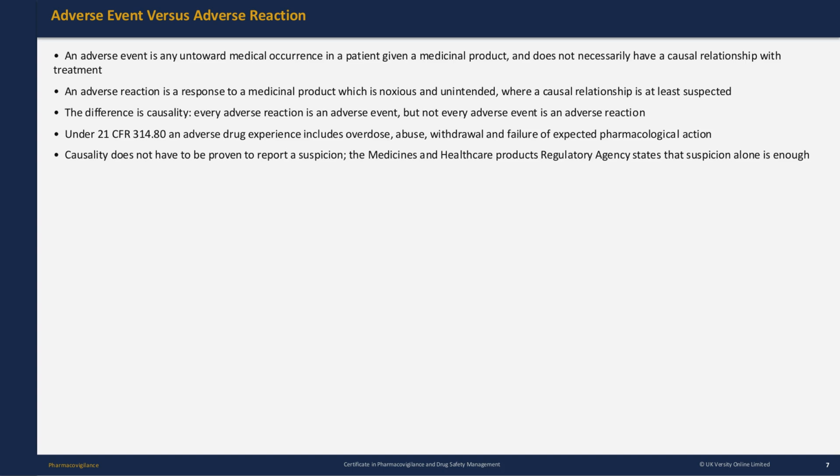The difference is causality. Every adverse reaction is an adverse event, but not every adverse event is an adverse reaction. Under 21 CFR 314.80, an adverse drug experience includes overdose, abuse, withdrawal, and failure of expected pharmacological action.